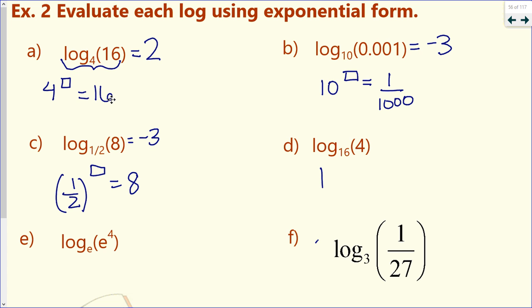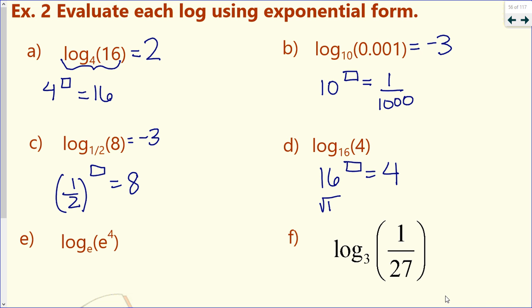Next, we're doing 16 to what power is 4? So something we have to remind ourselves of is that the square root of 16 is 4. So that's actually going to help us.